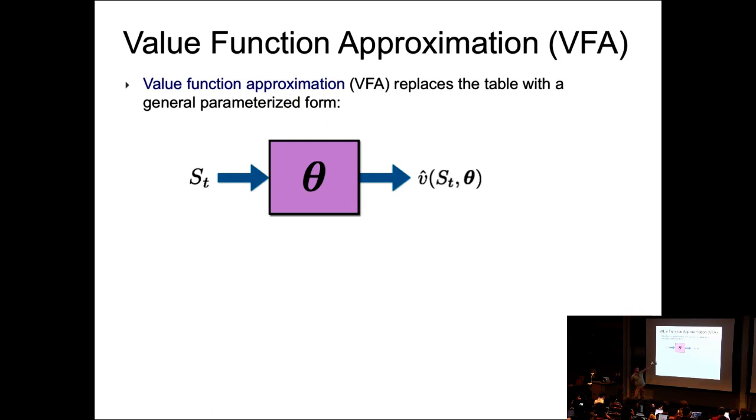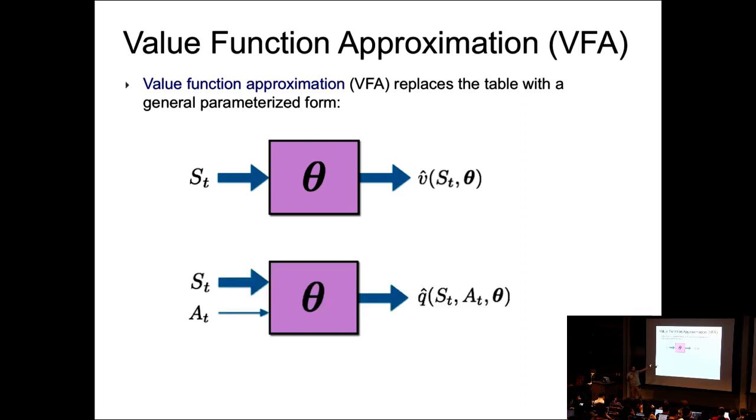So the state comes in, you have some parameters, some differentiable function, and it outputs the value of the state, okay? You can also construct the setting where the input to this black box is the state and the action, and you're producing the Q function. The output is going to be the Q value for the state and the action.